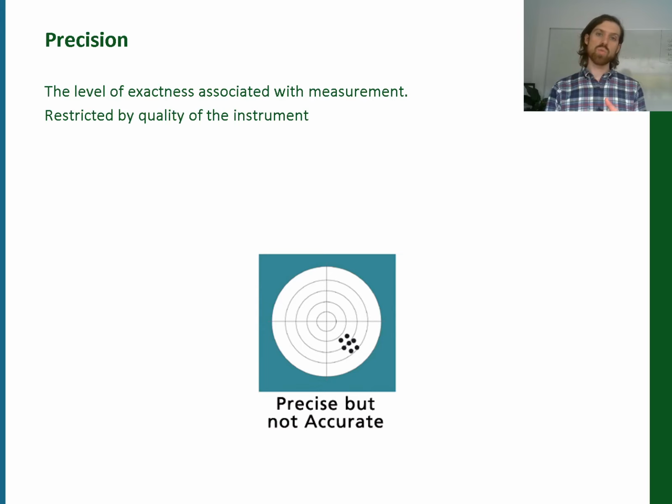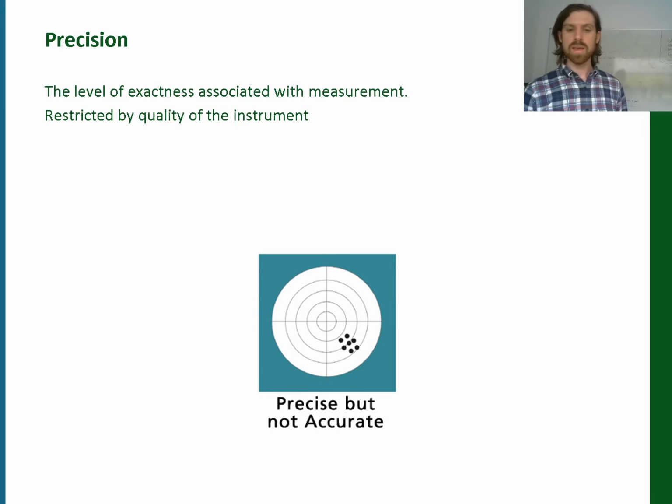But essentially, we need to make decisions over the level of precision that we have in our data. So precision is essentially how exact a measurement may be. And it reflects the quality of an instrument, or in this case, the quality of a model or a tool that we've built ourselves.